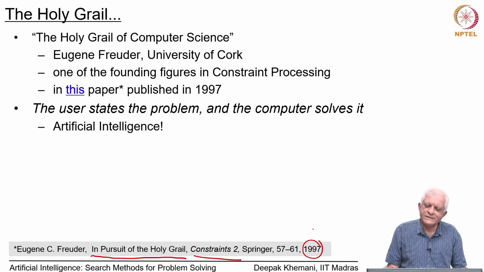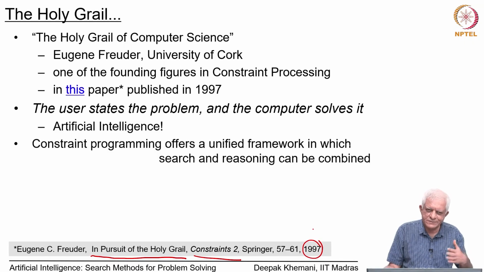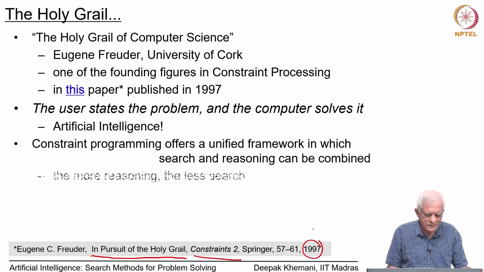And Freud says that this is the holy grail of computer science, and they have been having conferences every 2 years, which is moving towards the holy grail and so on. So, just look up the holy grail of computer science and you will get some links to forthcoming conferences or even past conferences.